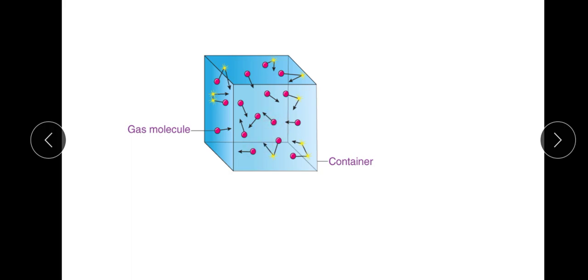And the fifth point says the size of the particle is very small compared to the size of the container. Therefore, the volume of the particle is negligible compared to the volume of the container.